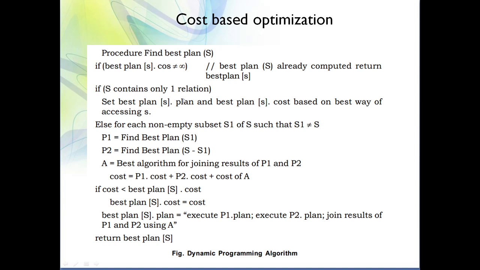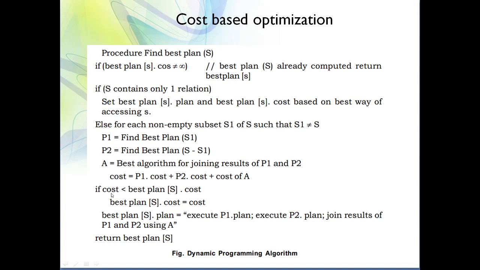So here we are using the best algorithm A for joining the results of P1 and P2. So cost equals P1.cost plus P2.cost plus cost of A. So how do we calculate the total cost? P1.cost means that in order to find the best way to join S1, some cost is involved, some cost is involved for S2, and finally a cost is also involved to combine these two, so that we get the final cost.